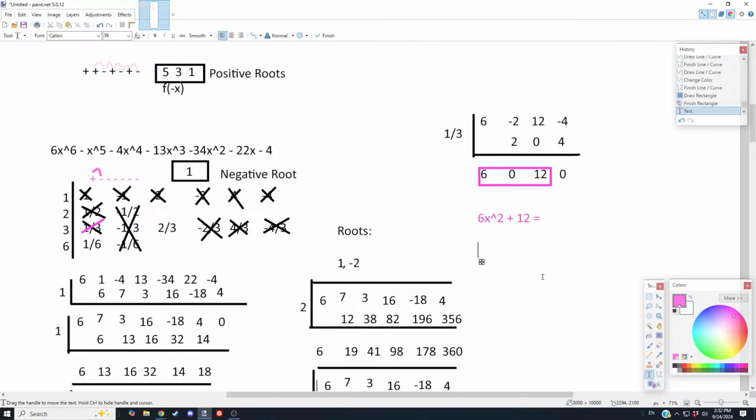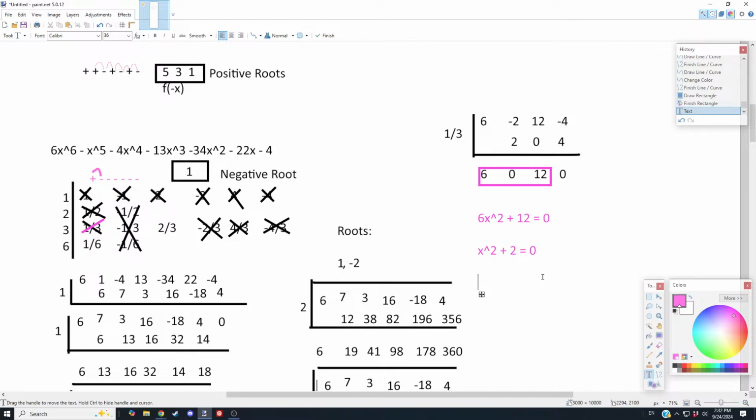I can divide both terms by 6. So I get x squared plus 2 equals 0. And from there, I can use whatever way I would like to solve this.